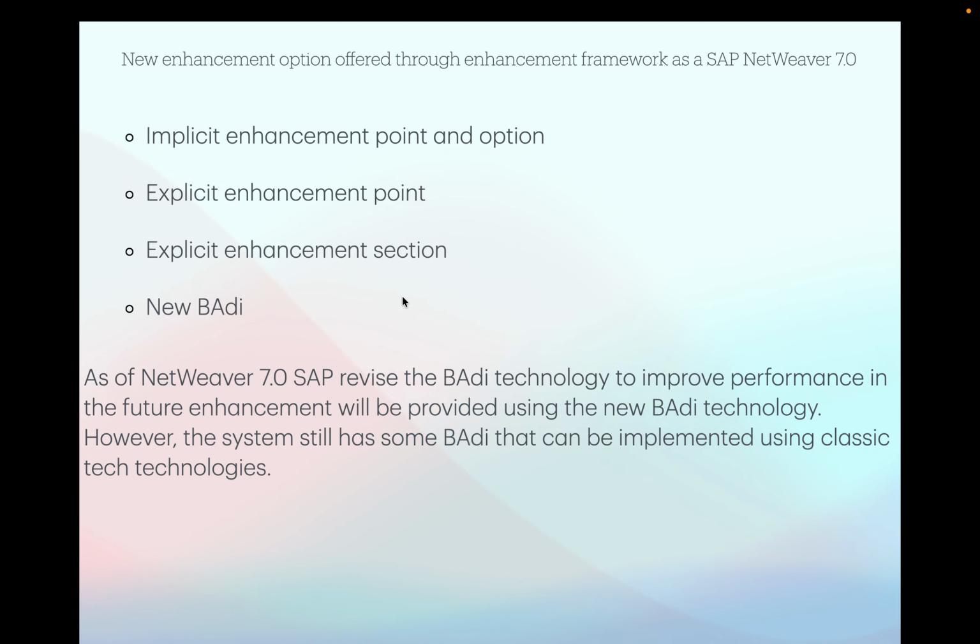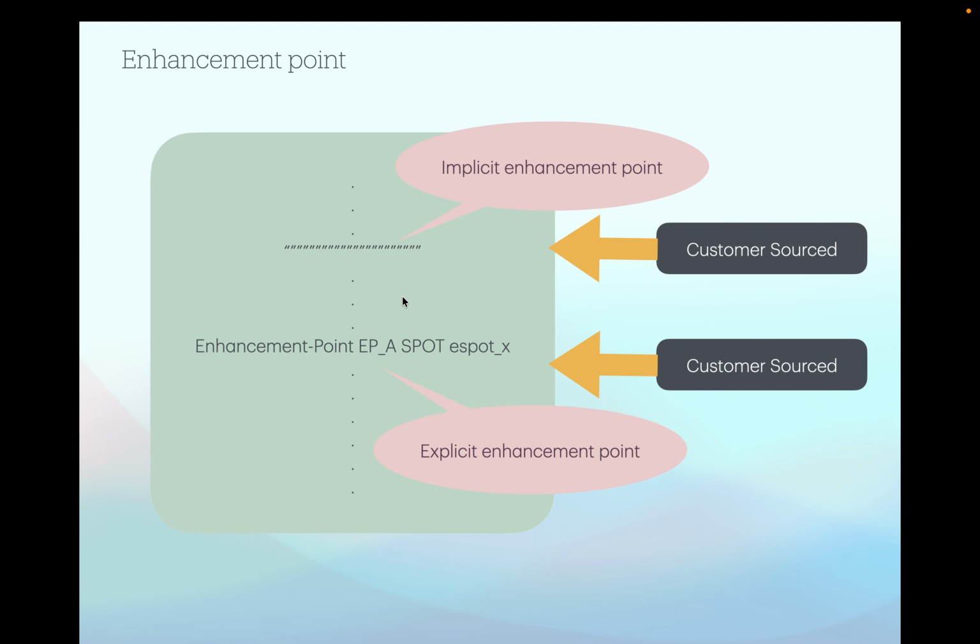Next, enhancement points. The enhancement points are the points in an SAP program, FM or method in which the customer can add additional logic in the form of source code without making a modification. The implicit enhancement points are points in an SAP program where enhancement is possible, but where SAP development has not explicitly provided them, whereas the explicit enhancement points are explicitly provided by SAP development.